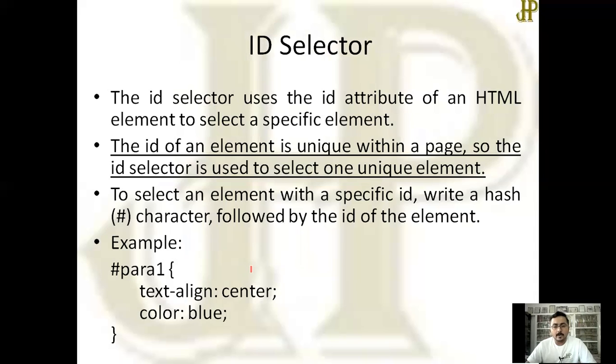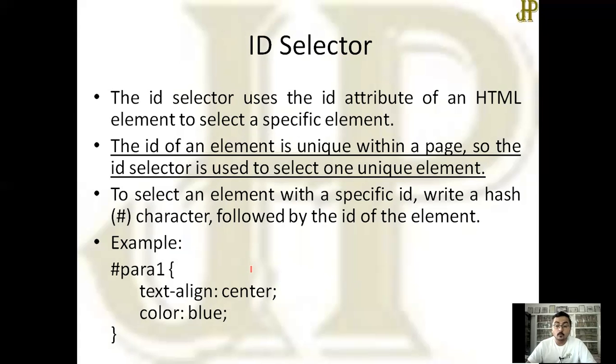Now next one is ID. I have already discussed in the HTML section that each element can have a unique ID. You can give a name, a particular ID, through which that element can be specified by the browser or server.